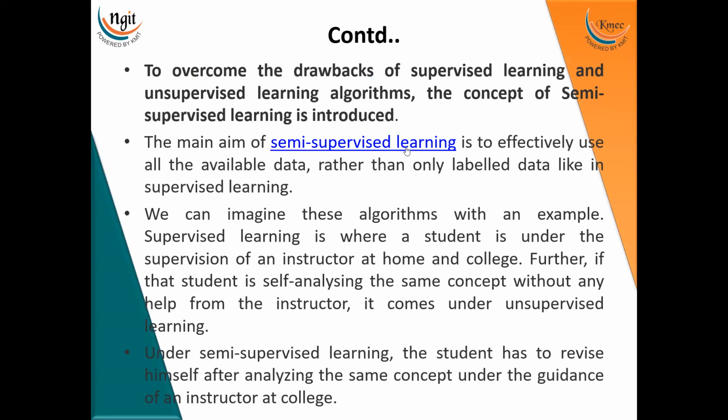Under semi-supervised learning, if we take the same concept, the student is under an instructor and is also self-analyzing; the student has to revise himself after analyzing the same concept under the guidance of an instructor at college. So it is a combination of both self-learning and something from an instructor. That is the difference between supervised, unsupervised and semi-supervised machine learning.